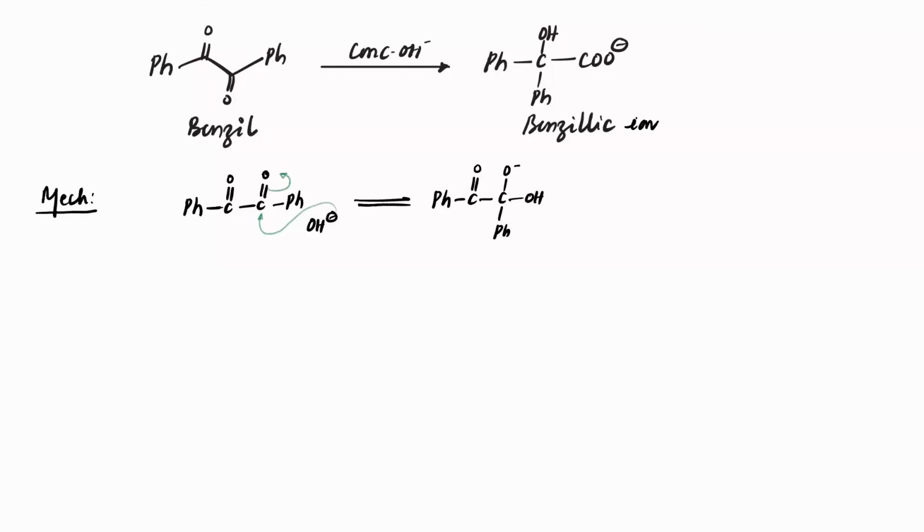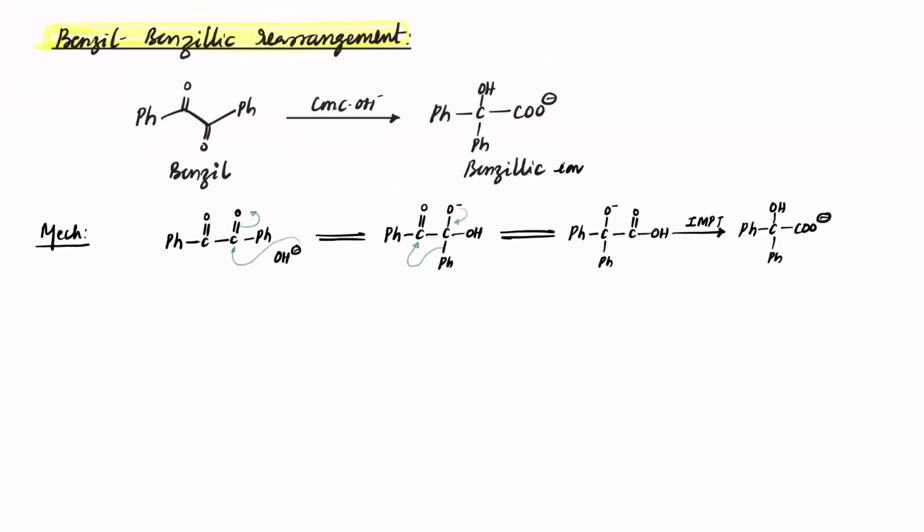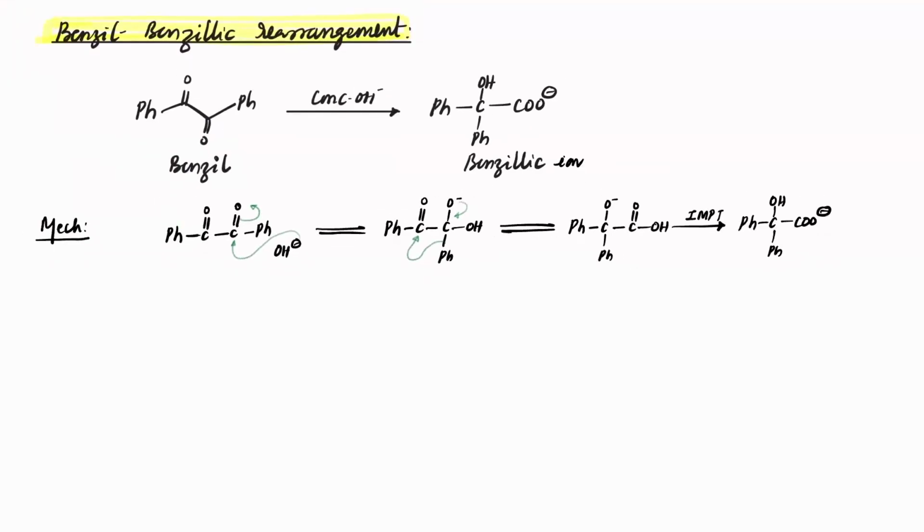Now, as this O minus tries to close, this Ph will shift internally. So it is very similar to the intramolecular Cannizzaro, where phenyl is shifted in this case. So we'll get O minus and Ph, C=O, OH. Again, intramolecular proton transfer will take place to get Ph, Ph, OH and COO minus. So that is benzil. From benzil, it is converting into the benzilic form.